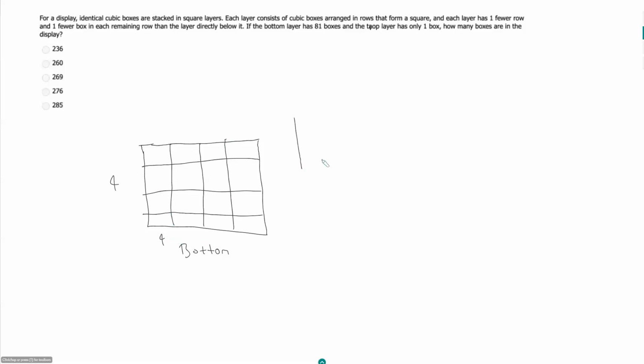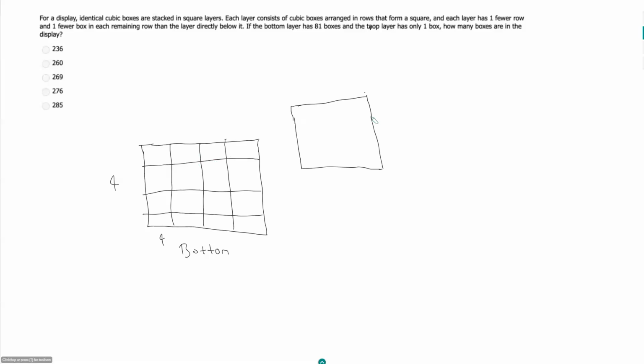Then if we go up a layer, that's going to be another square, but what's that going to look like? This one would have to have one fewer row, so I can take out this top row, and one fewer box in each remaining row. So instead of 4 boxes per row, I have 3 boxes per row and 3 rows.